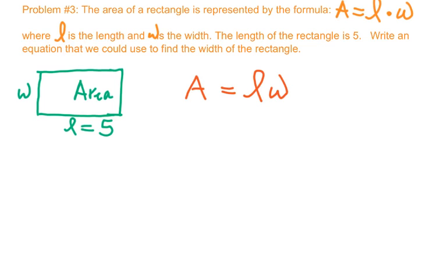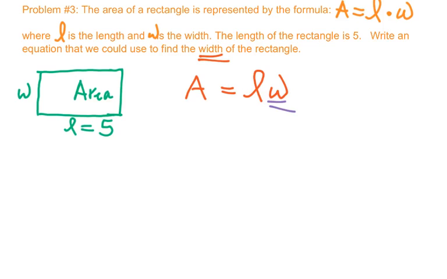And I know that I'm being asked to write an equation to find the width. So the very first thing that I'm going to do is underline the W, because that's what I need to solve for.